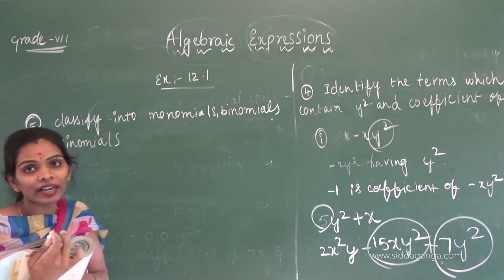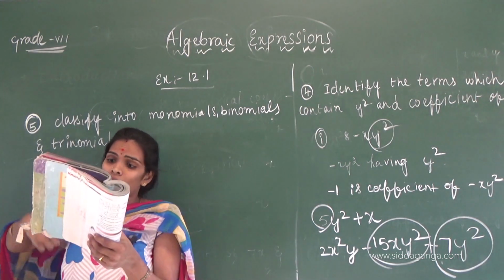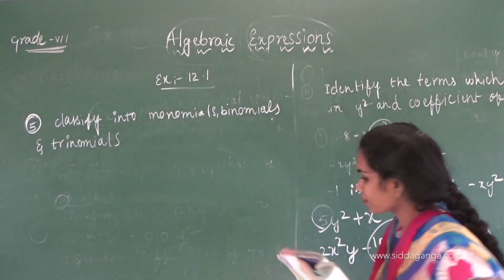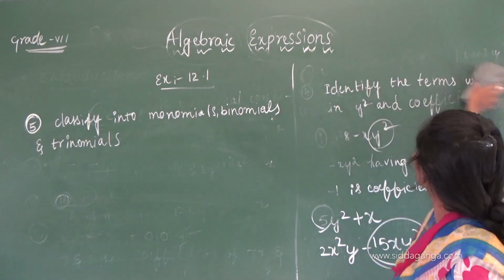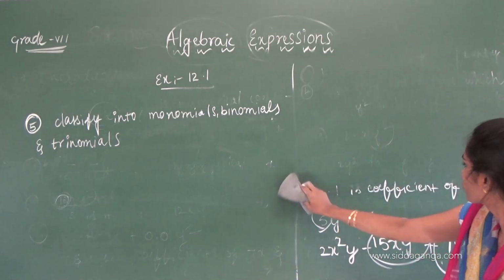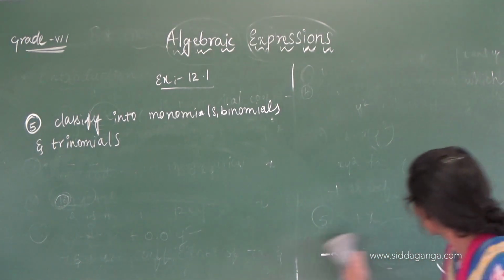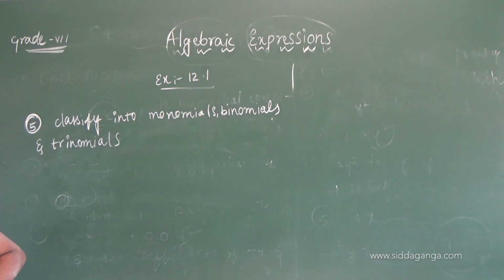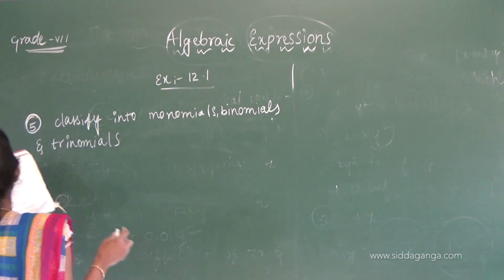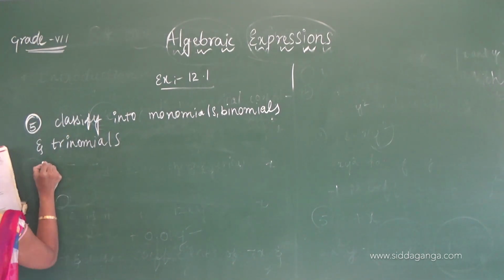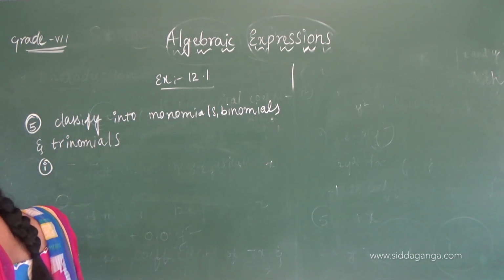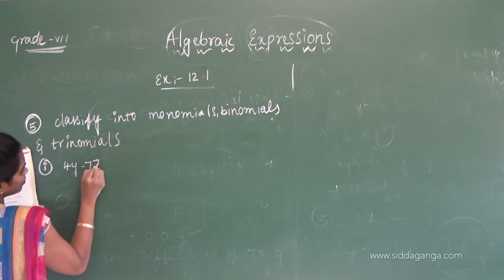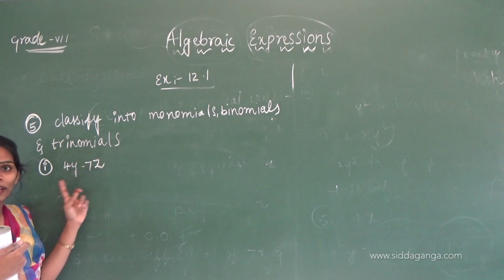We have to identify whether it is binomial, trinomial or monomial. 4y minus, here see here how many terms are there?